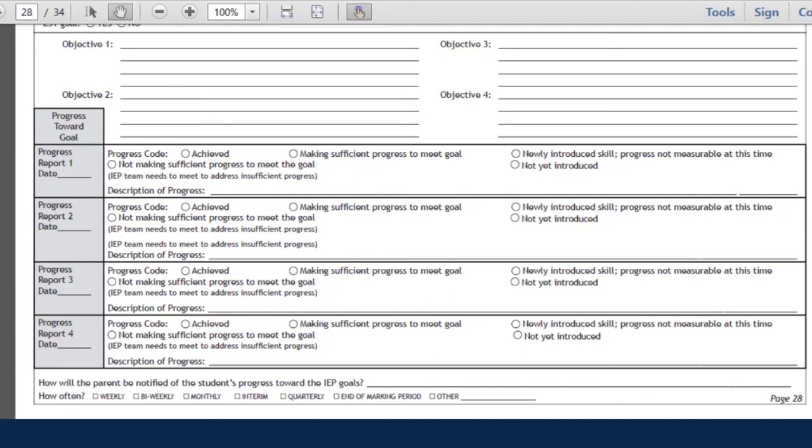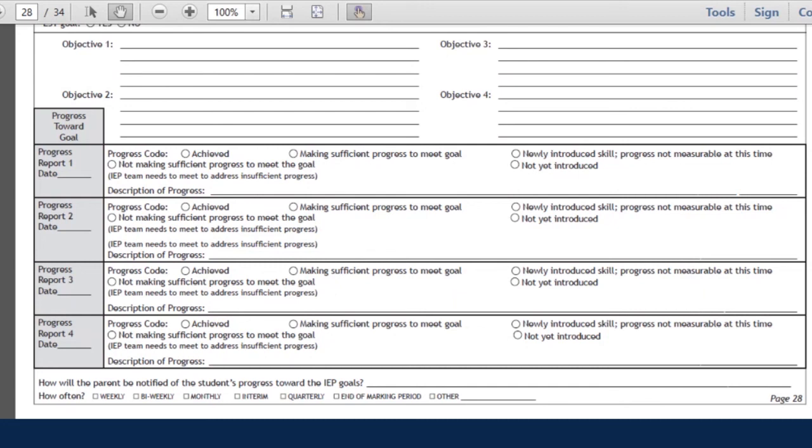The alternative to that would be "not making sufficient progress to meet the goal." Now, if you ever see "not making sufficient progress to meet the goal" selected, then an IEP meeting is supposed to be scheduled within 30 days to determine why they are not making sufficient progress.